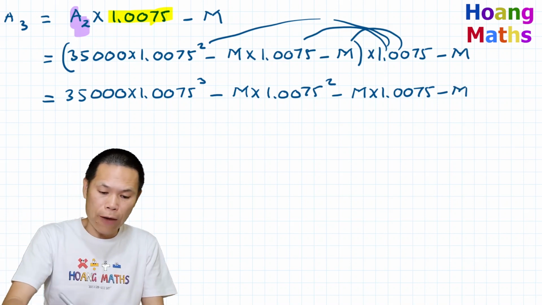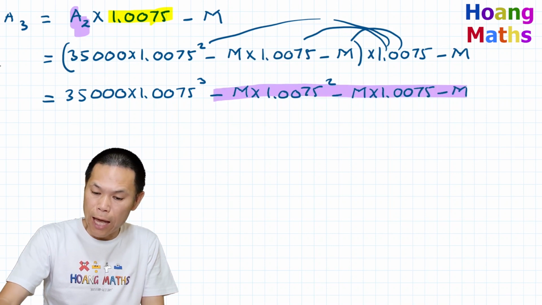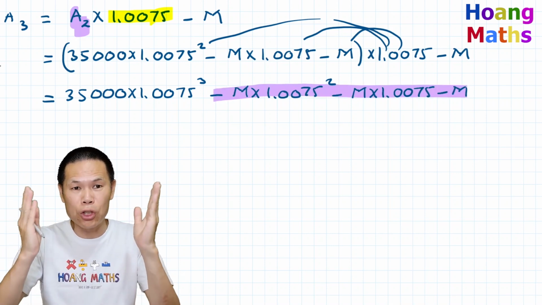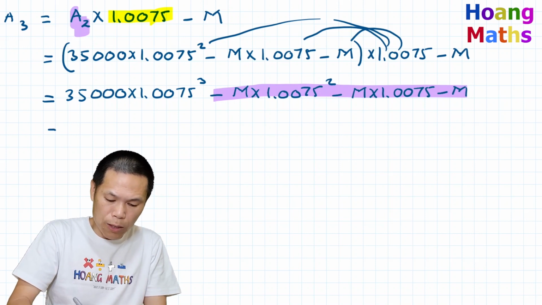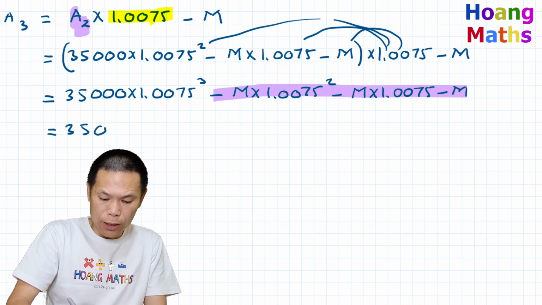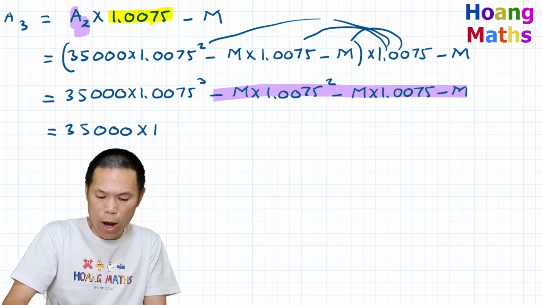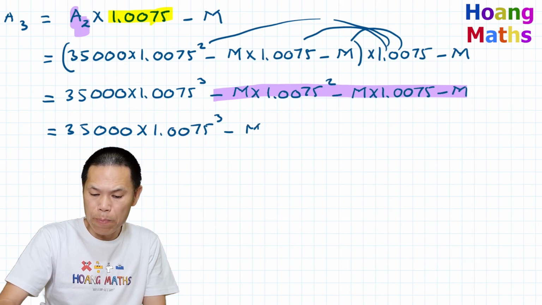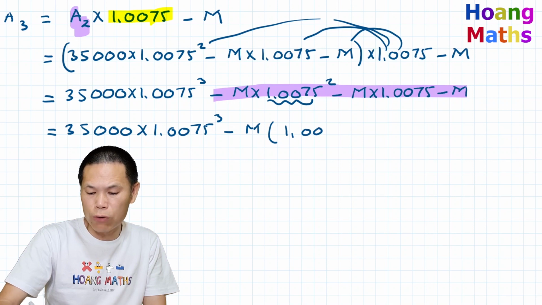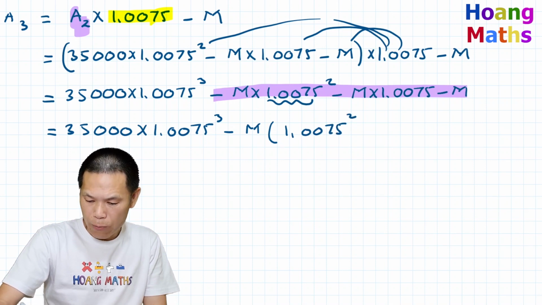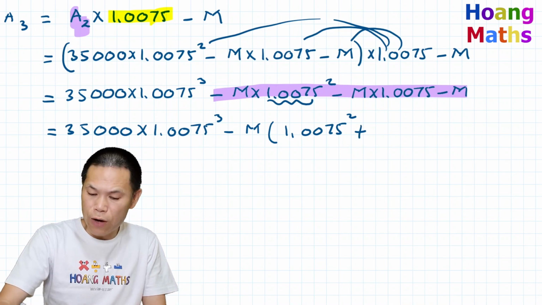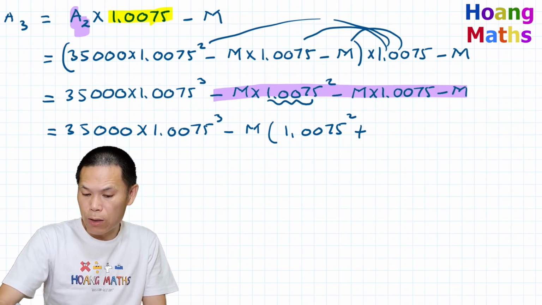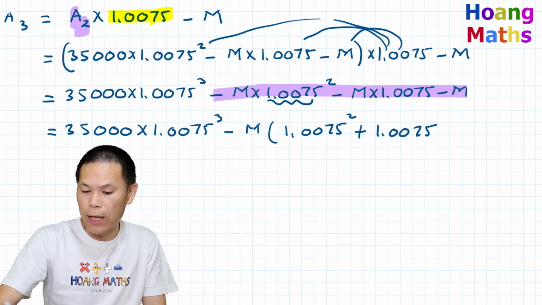Let me just take out the common factor for this series here, and the common factor is negative M. So that will give me 35,000 times 1.0075 cubed minus M, and this becomes positive 1.0075 squared, minus becomes plus, and we divide by M, so that leaves 1.0075, and this M we divide by negative M, we become 1.